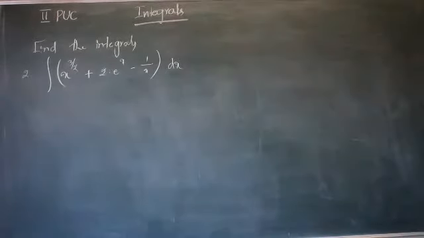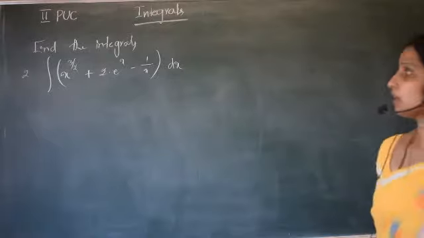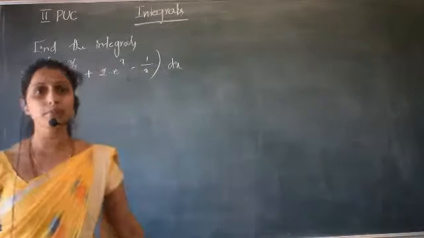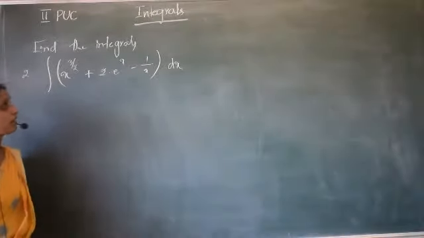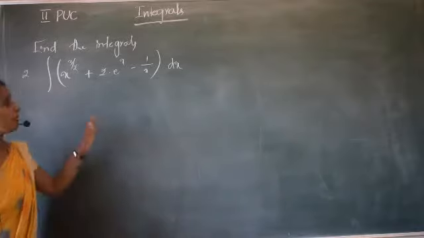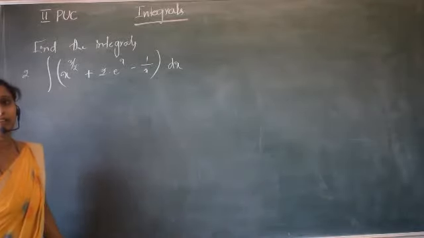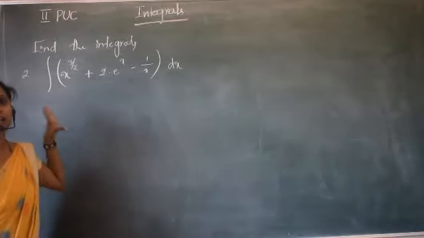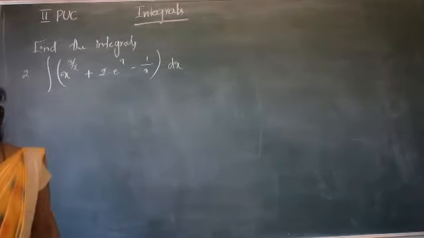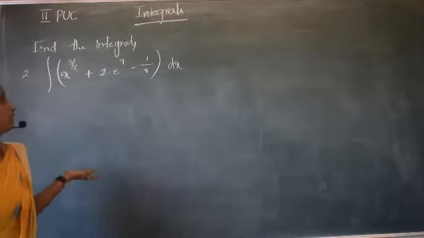Next problem: find the integral of x to the power 3 by 2 plus 2 into e to the power x minus 1 by x dx. Again it is in the form of algebra of integration, that is, integral of f of x plus g of x, and so on.